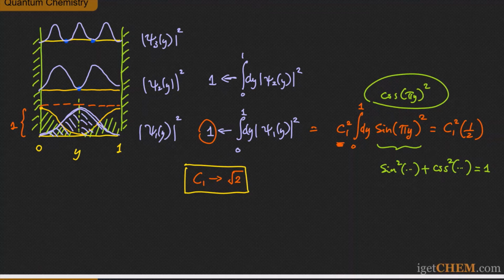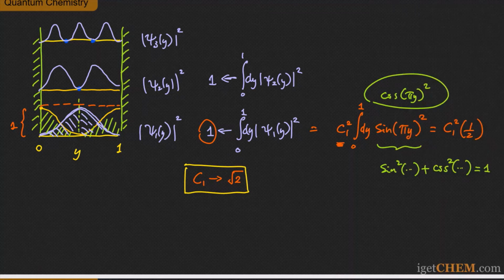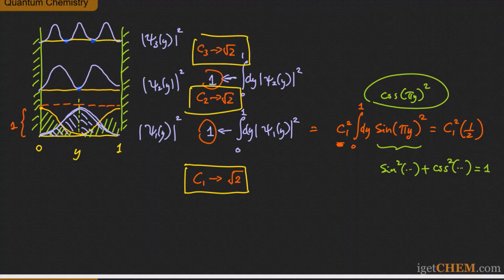So you would find that for every one of these Cn coefficients, they are all actually equal to the same number. So you'll find that c2 is equal to square root of 2, and c3 is equal to square root of 2, and they're all the same. So there's really no difference between these. They're all the same normalization.